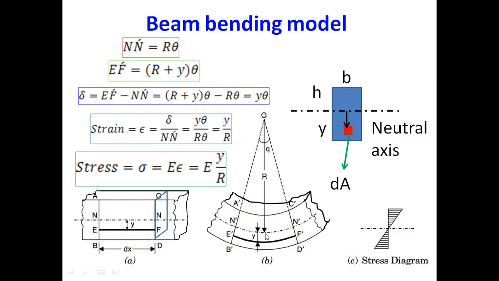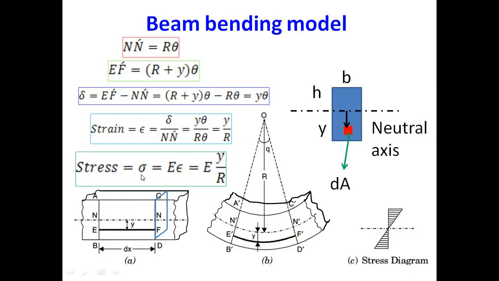So here we would have elongation. We would have positive strain below the neutral axis because there is tension here. However, above the neutral axis, since there is compression, the strain would be negative. There would be shortening.